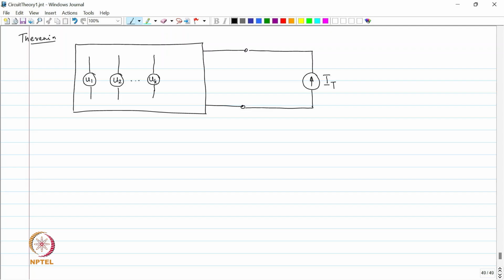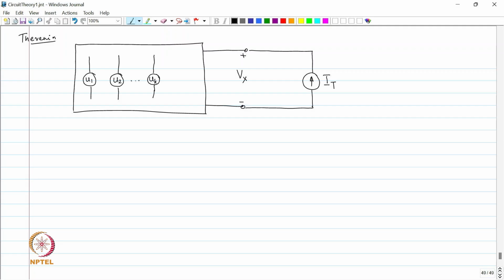I am going to push this current I t from outside into the circuit, and let us label this voltage as V x, unknown. All right. I am going to try to work out what is V x. This is my plan. I want to work out what is V x.